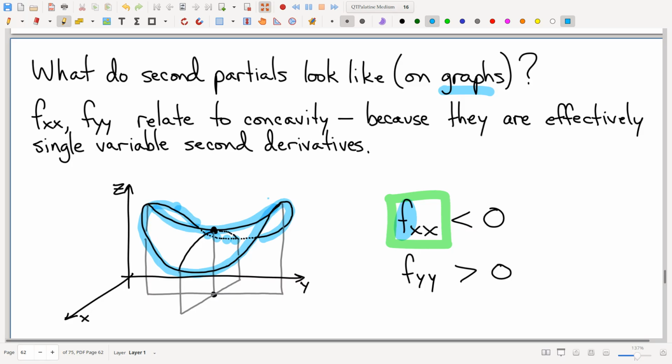For this graph, this function f, what does it look like if I take the x partial and then the x partial of that x partial? How do I relate the geometry of that picture to the value, whether it's positive or negative, and vice versa?